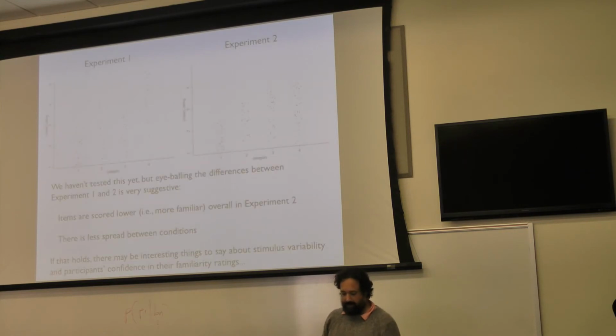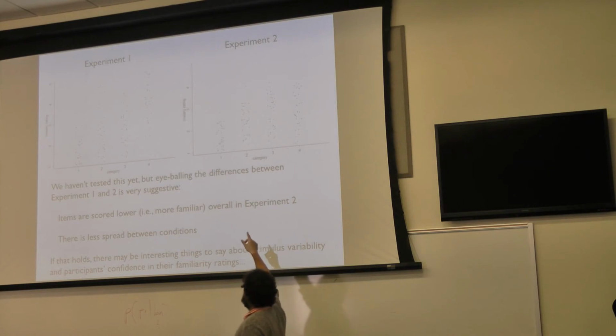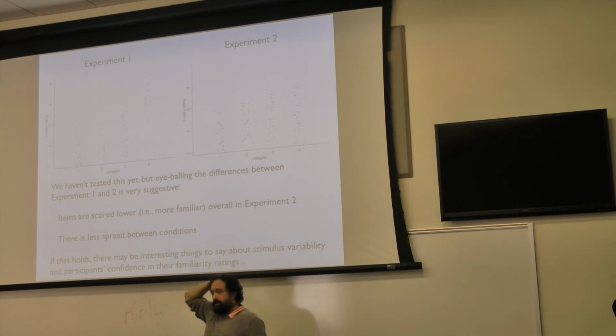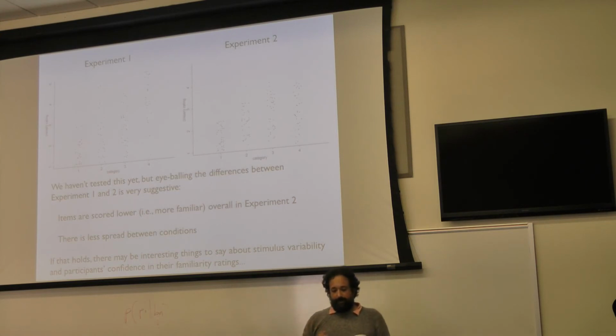Okay. And just a side note, if you look at these experiments side by side, even though it was not a tremendous amount of variability, we had 4 stimuli in the first experiment and 16 stimuli in the second experiment, and the spread of scores changes fairly dramatically. People have this bias to treat everything as more familiar when they're less certain what's going on.